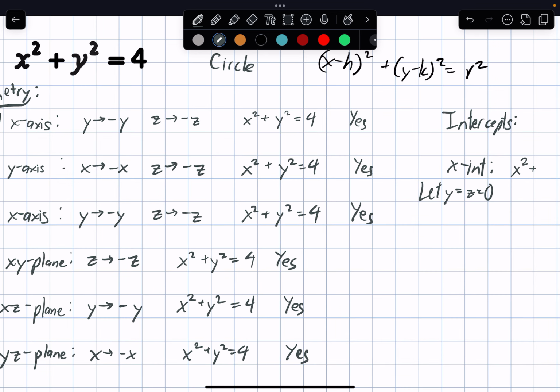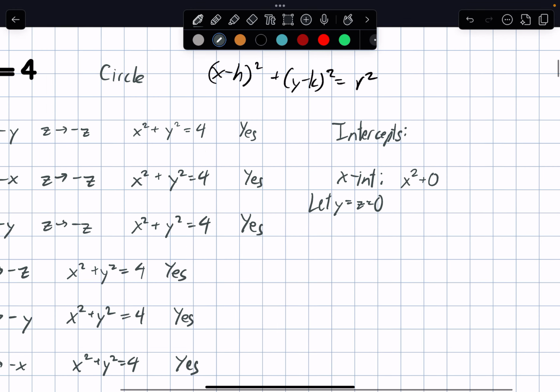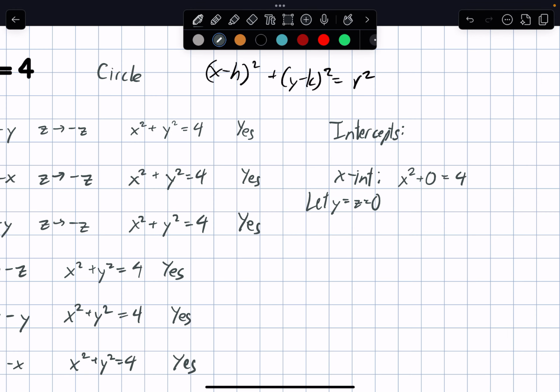The equation is going to be x squared plus 0 squared equals 4. So x is going to be plus minus 2. If you put a radical sign, don't forget to put this symbol. So 2, 0, 0, and negative 2, 0, 0.